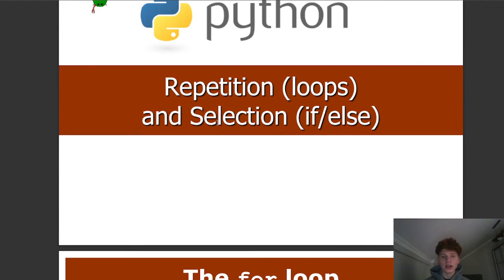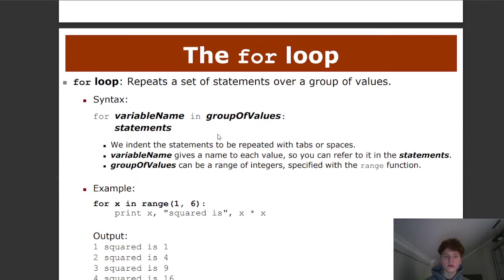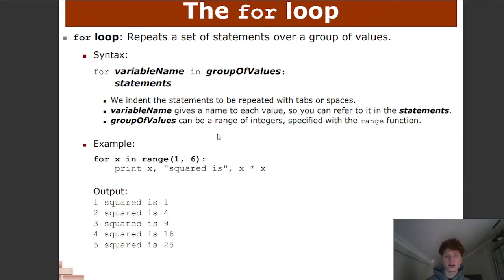Repetition loops and selection, if else. The for loop. A for loop repeats a set of statements over a group of values. Syntax: for variable name in group of values, then statements.